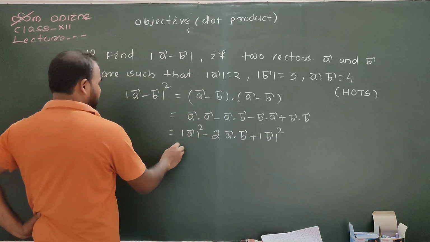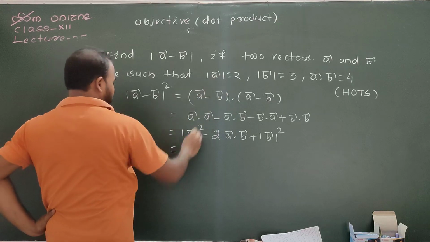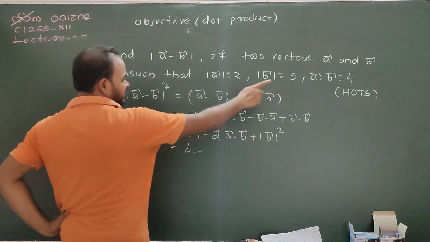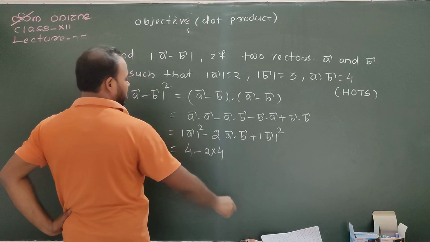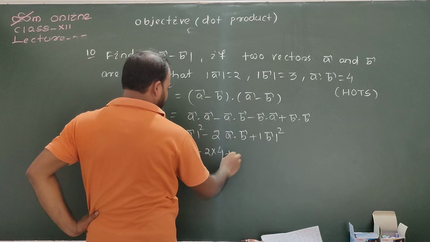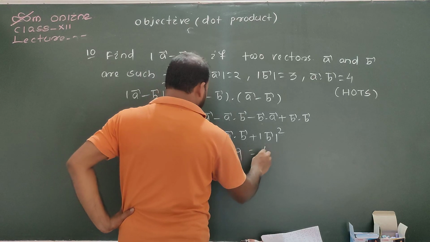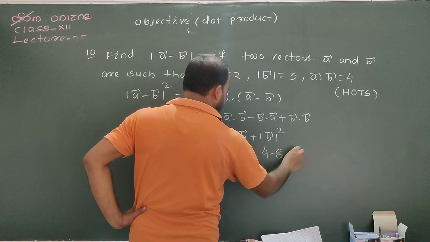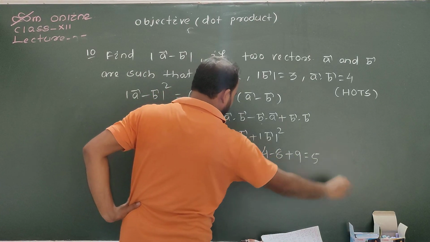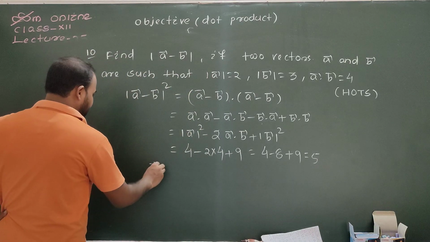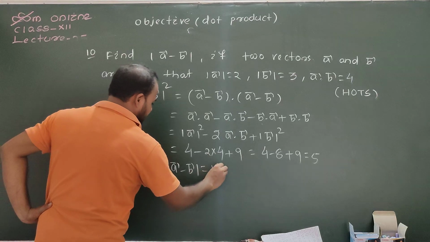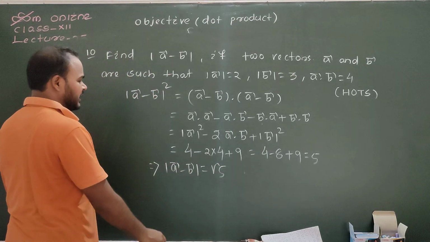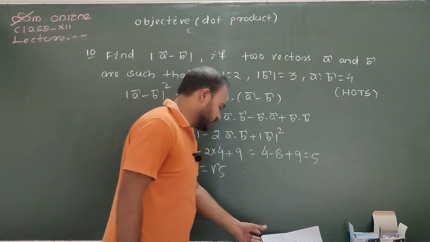This is 2 square, 4, minus 2 into a dot b, that is 4, and magnitude of b square is 9. So it is equal to 4 minus 8 plus 9, which is 5. This implies magnitude of vector a minus vector b equals root 5, because length is always positive.